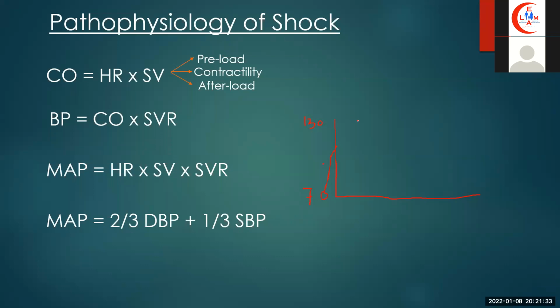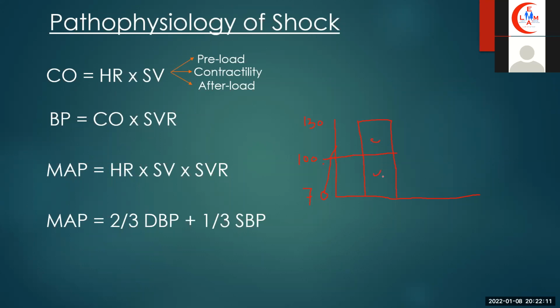Okay, so if it is like this, you know, a rectangular shape, so what's the average here between 70 and 130? You add them together and divide by 2, which is roughly around 100. Okay. So if you put that there, roughly this one equals this space.